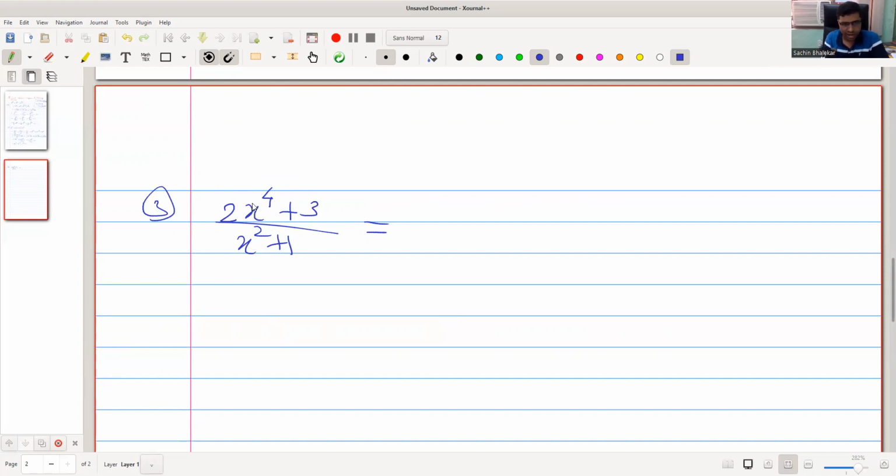Okay, so what we can do is, this is x raised to 4. Okay, so x raised to 4 can be x square, its square. Okay, this is first thing. Another thing is what is alpha plus beta into alpha minus beta? It is alpha square minus beta square. Okay, so can we write in this form?